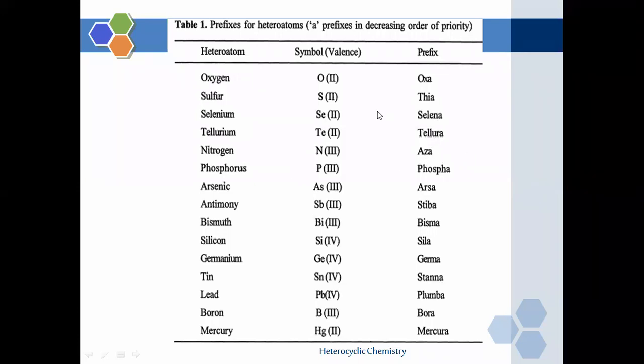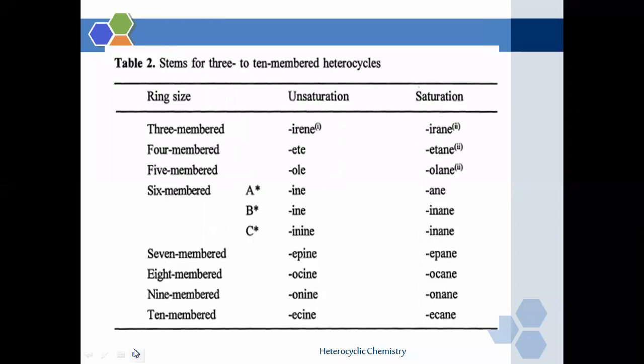So this table indicates the presence of the heteroatom and which prefix we use while naming the compound. When we discuss the individual examples, you will come to know how we give the name to the compound.